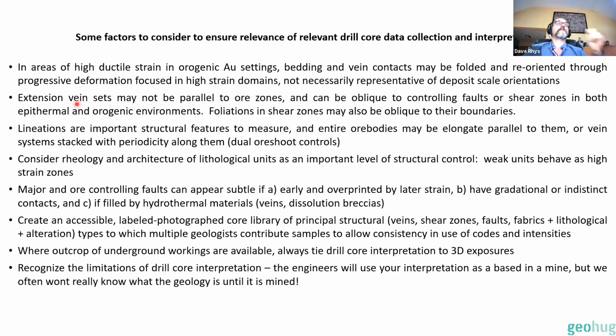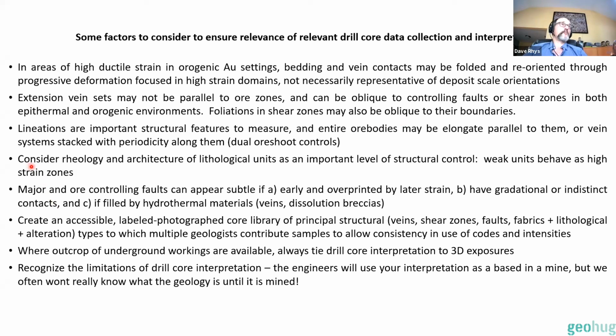So the en echelon extension veins are a good example where we have veins that may not be parallel to ore zones. So you don't want to necessarily model extension veins as being parallel to ore bodies. They can be oblique to them and step up along them. And shear zones too may have foliations that are not parallel to the shear zone itself. So you need to model your strain intensity to track out the orientation of the shear zone.